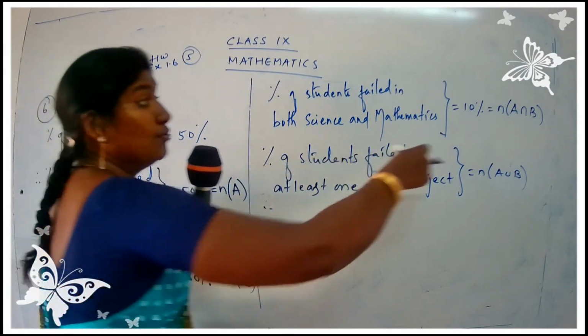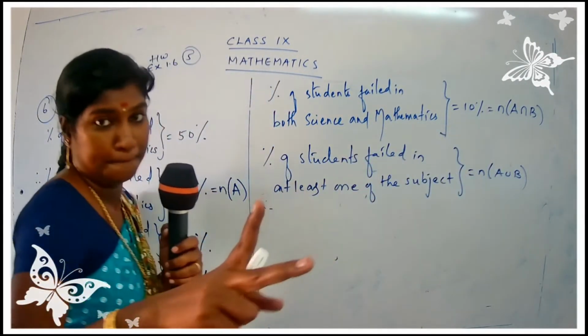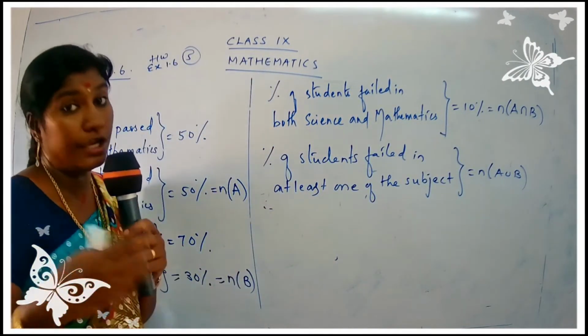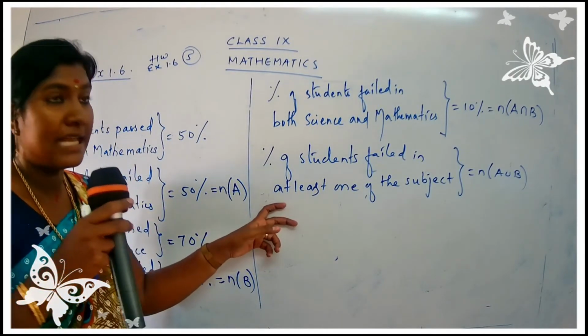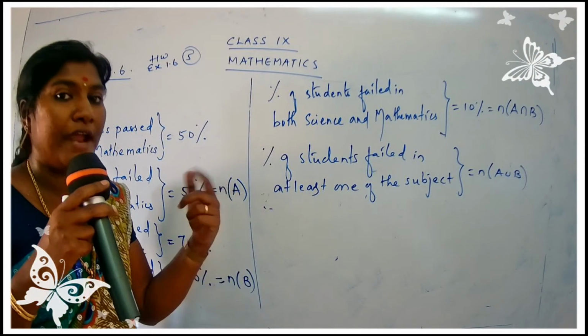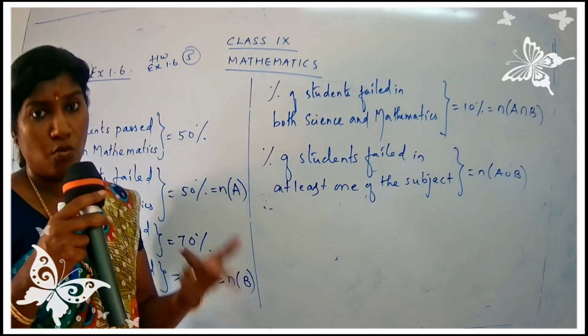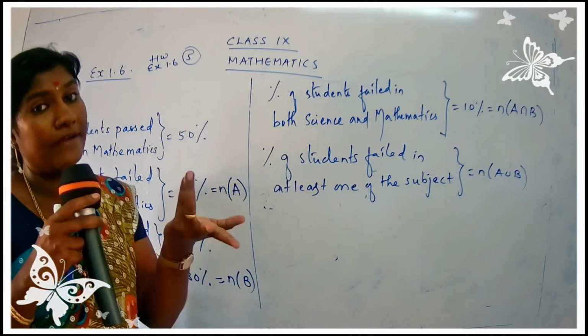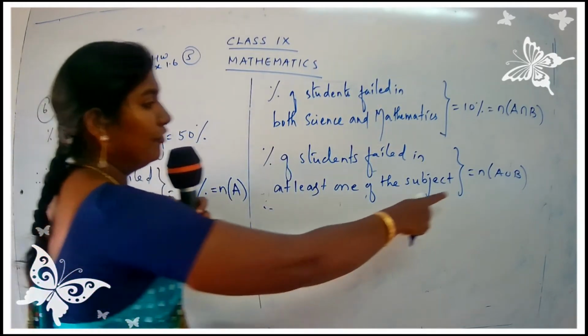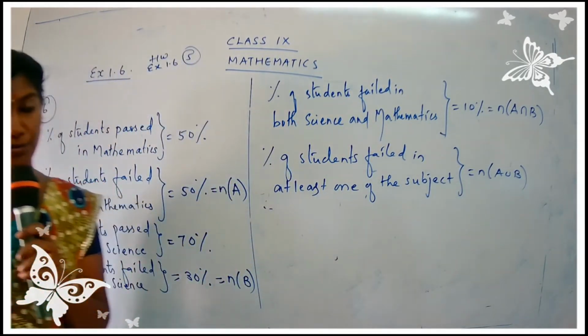So I have just used intersection here. It is common. But here I don't have an assurance that the student has failed in both the subjects. He would have failed in 1 or 2. Here I have a choice. Here I don't have a choice. So you have to take it as n of A union B.